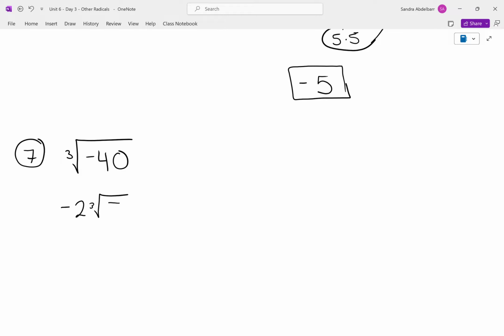All right, who has an answer for me? Noah. You got it, negative 2 cubed root of 5. Anybody need to see me do it? No. Okay, so now let's go on to adding and subtracting.